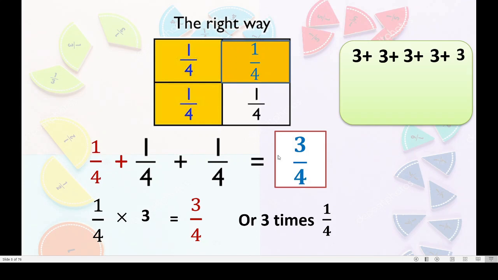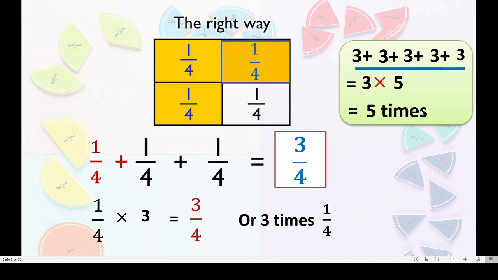Okay, here 3 plus 3 plus 3 plus 3 means what we will write? 3, how many times we multiplied? 1, 2, 3, 4, 5 times. Can you remember this? 5 times we multiplied, so I will write here 5. So what is the answer? 3 5s are 15. Right?